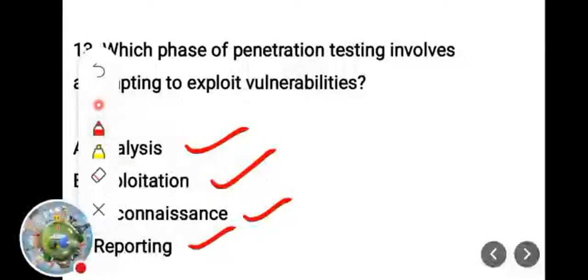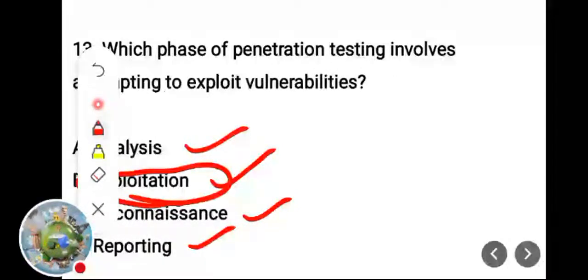Then the answer will be option B. This is the phase where you actively exploit vulnerabilities to assess their impact.